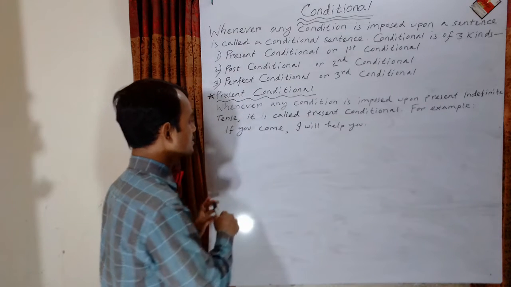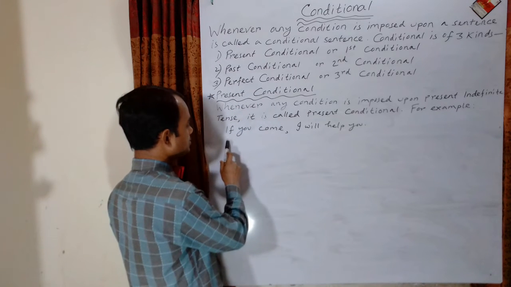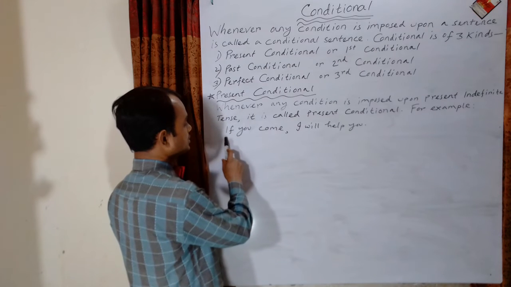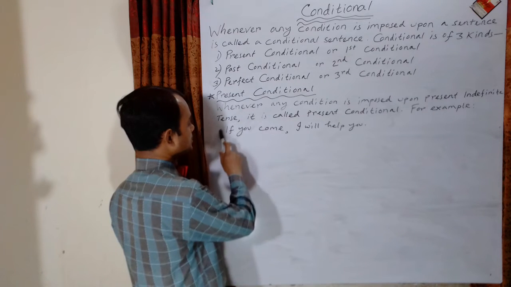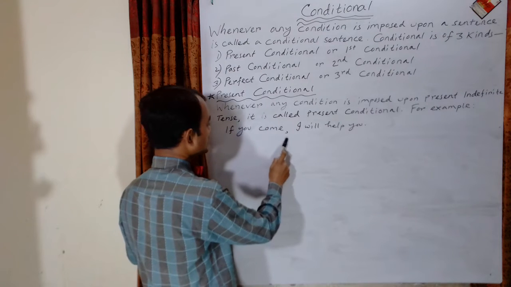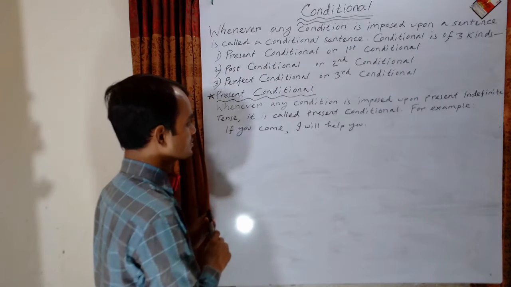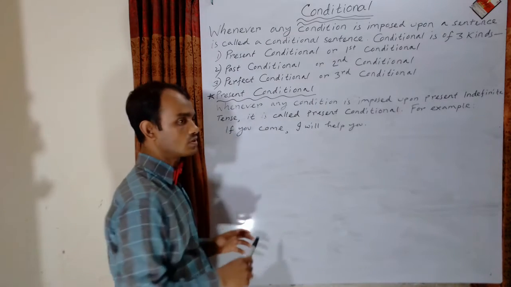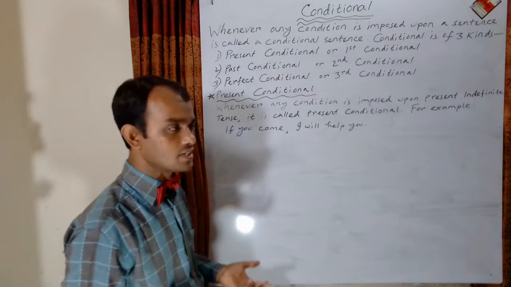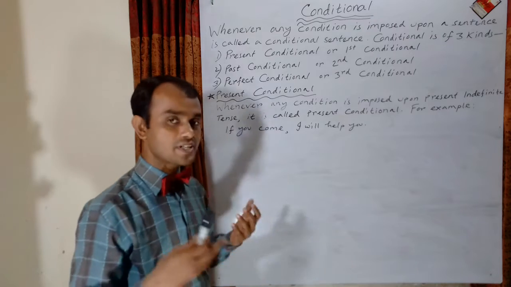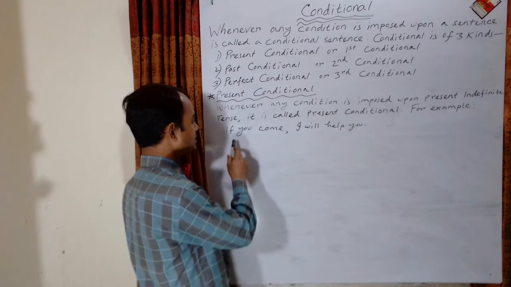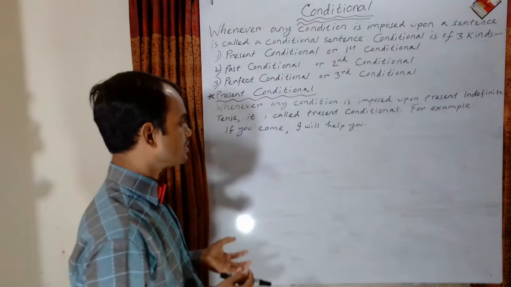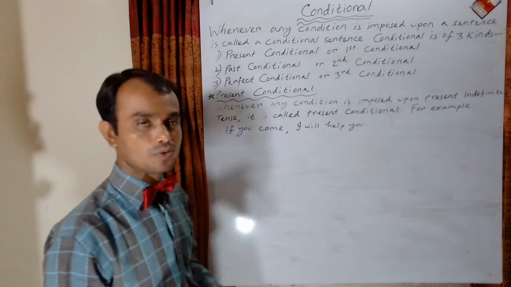Look at the sentence: if you come, I will help you. The clause with the conjunction if is indicating present indefinite tense, and on this present indefinite tense the condition is imposed.